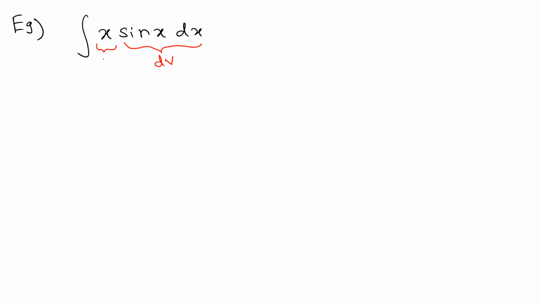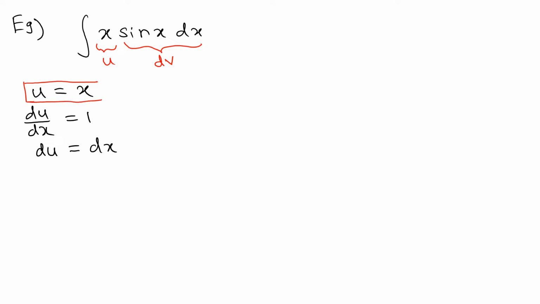After we pick this, we say u equals x, and then we take the derivative. So du over dx equals 1, and then we cross multiply. We think of this as a ratio and write it like that. That's the first step: you pick u, take the derivative, and solve for du.